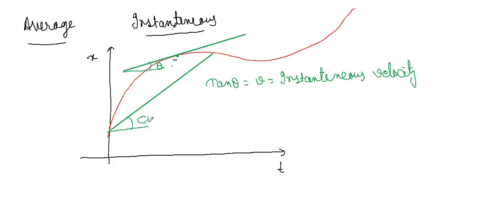If the angle is phi, then tan phi will give you V average, or average velocity. This is how you interpret the graphs in kinematics.